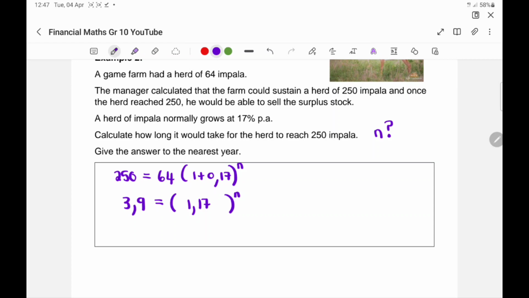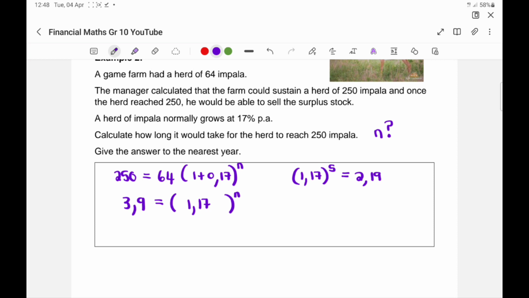1.17 to the power 2 gives you 1.3, so it can't be 2. 1.17 all raised to the power 5 gives you a number closer to 3.9, but not yet: 2.19. So let's guess a little bit higher. 1.17 to the power of 10 gives you 4.8, so that's too much.